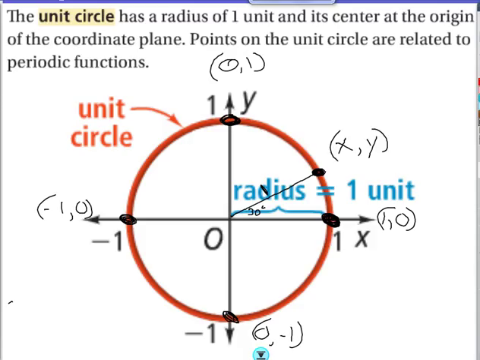How far do I go out the X axis to get to that point? I go X far. How far up from the X axis do I go? I go Y far. Does that make sense? Which means I can label that as X long and that as Y long. You with me?